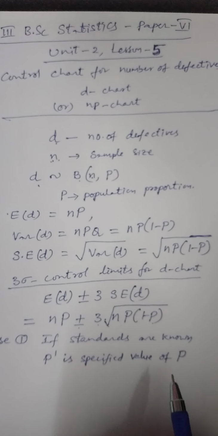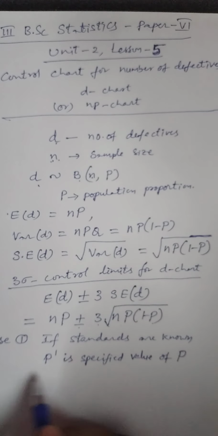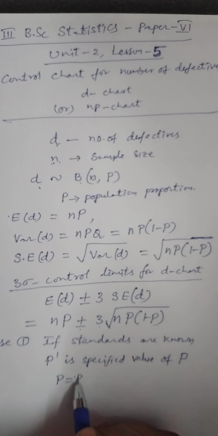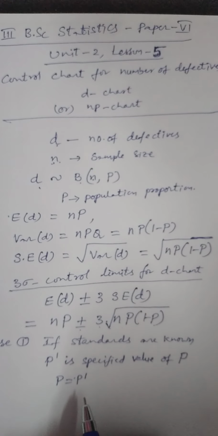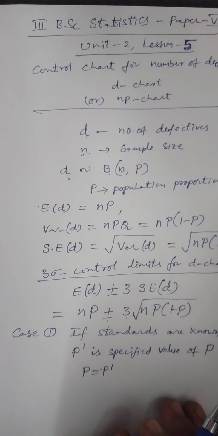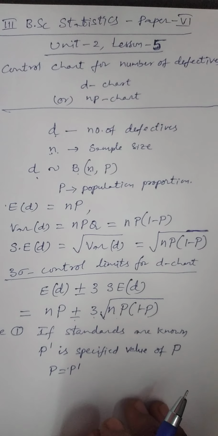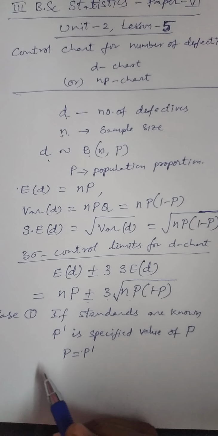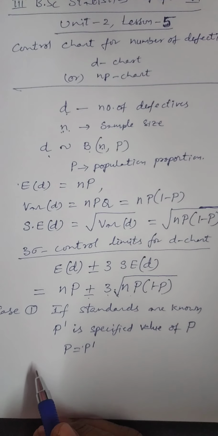P dash is a specified value of P, that is capital P is equal to capital P dash.